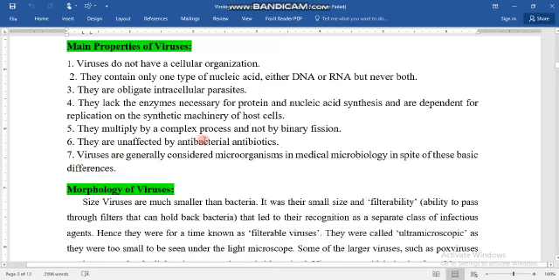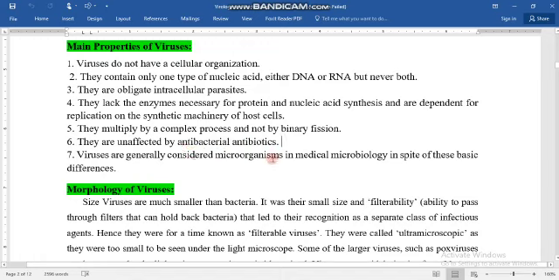Why? Because most antibiotics target either the cell membrane, the cell wall or the cytoplasm, but viruses do not contain any such organelles. That's why these antibiotics do not have any action on viruses.